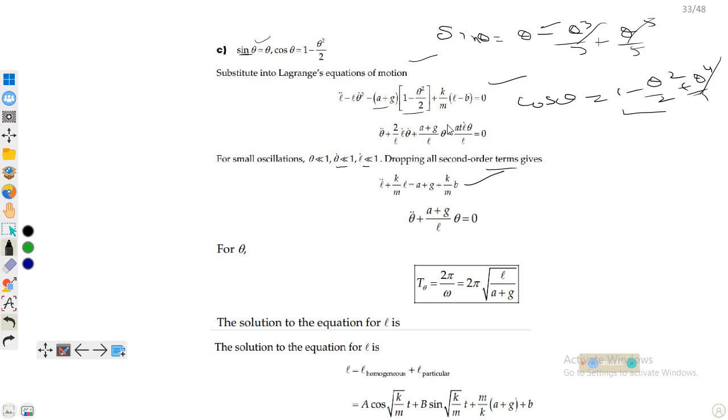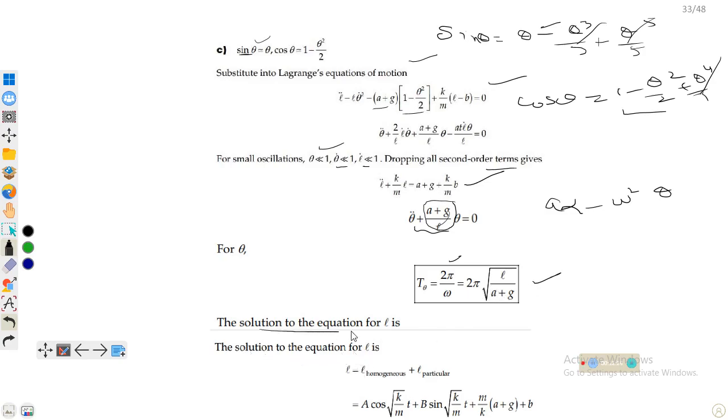We can drop the higher order terms, and this will lead to this. This is simple harmonic motion. We can compare this equation with minus omega square theta. So this is just like omega square, and you know that the time period is equal to 2 pi over omega. Omega will be equal to the square root of L over A plus G.